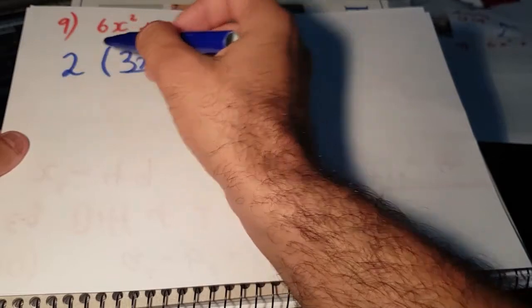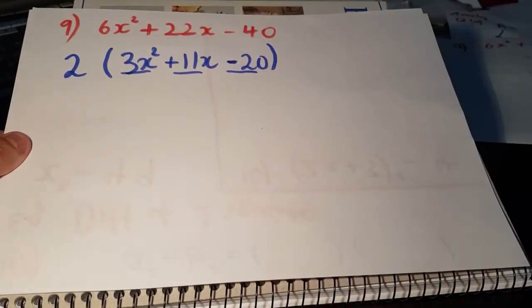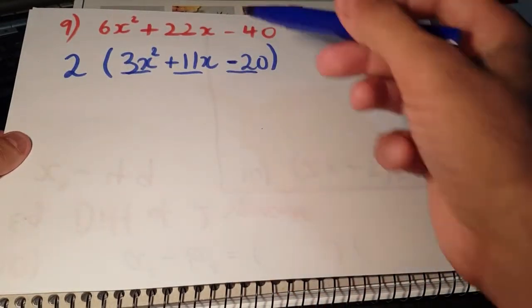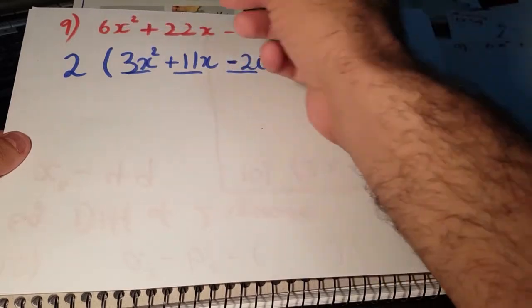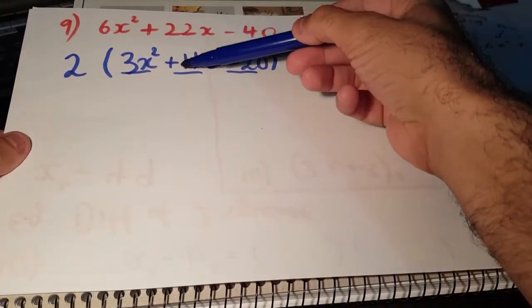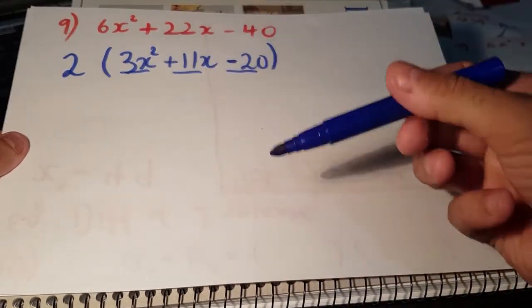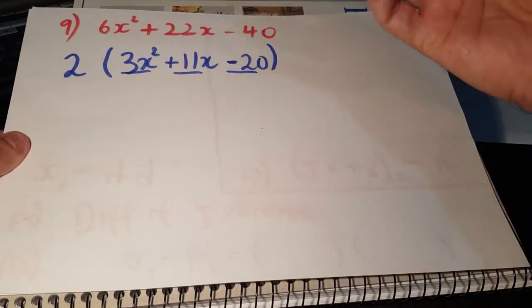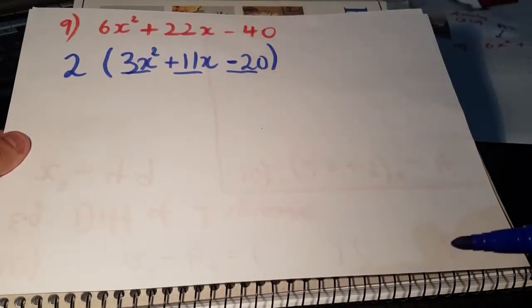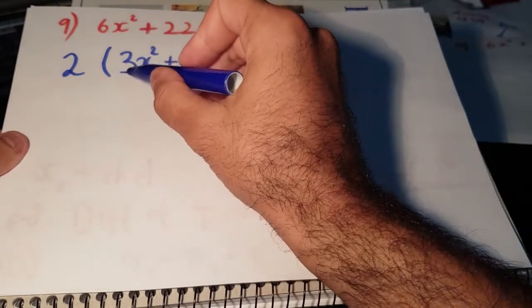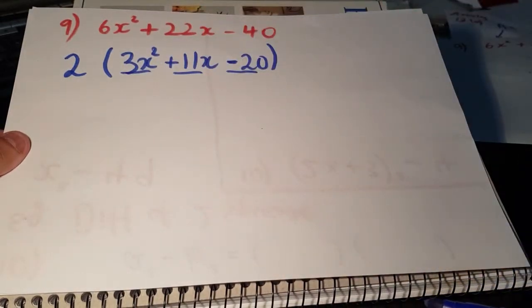Now, we've got a factor here, but we can also factorize this again. The reason why we took that out was to break this up and make it smaller, in order for us to factorize it easier. So now this is a trinomial expression, and we are able to factorize this.